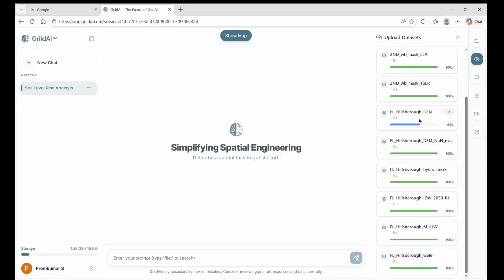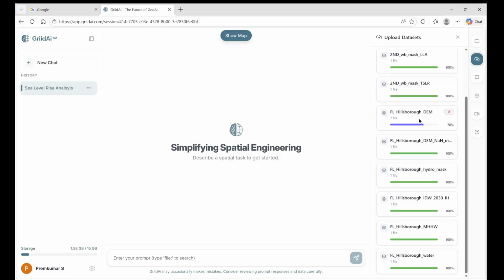The second important dataset is the MHHW dataset. MHHW is mean higher high water, which represents the highest of the high water tide height during a day. The way that dataset is developed is NOAA has taken 19 years of data and taken the mean of all the high tides, and those mean values have been set as the MHHW.